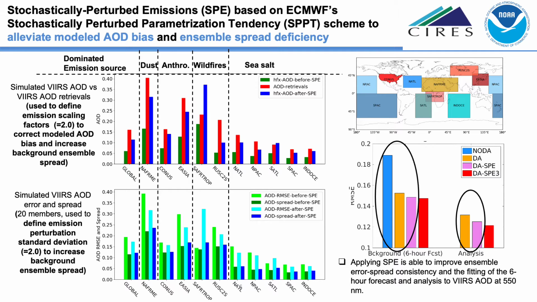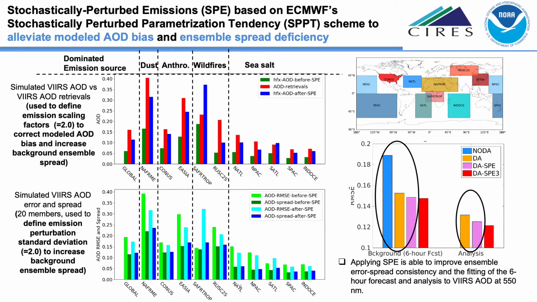For example, North Africa is selected to determine the scaling factor for dust emissions. By scaling all the emissions by a factor of 2, the resultant simulated AOD in blue bar in general shows much better agreement with the AOD retrievals. The second purpose of SPE is to perturb the emission to increase the background ensemble spread.